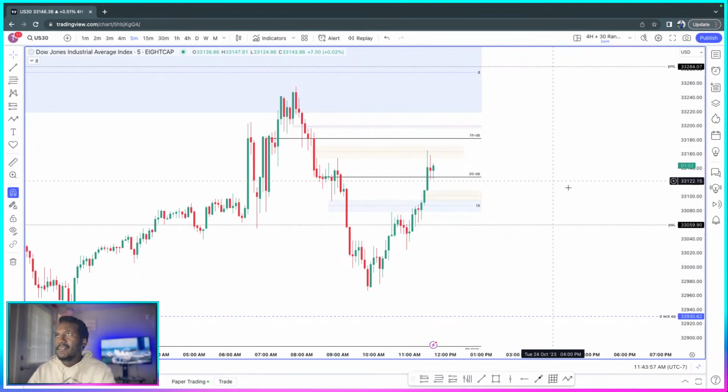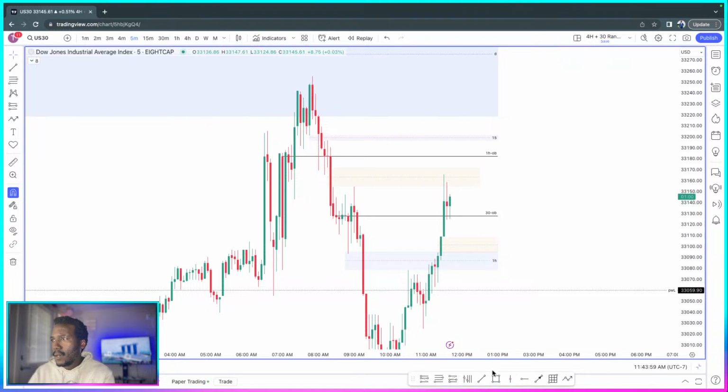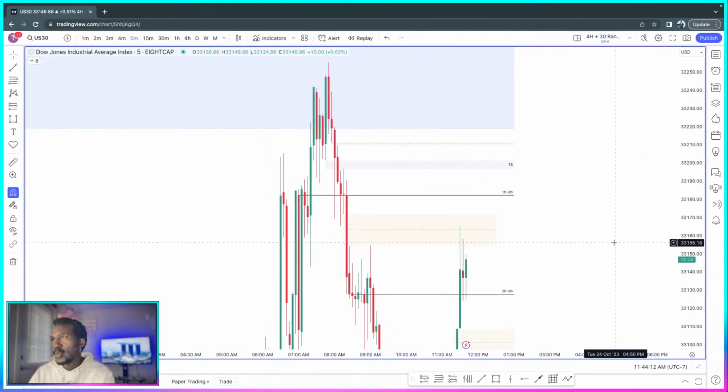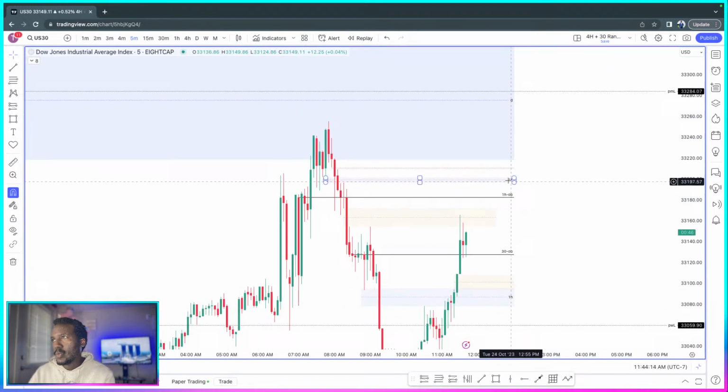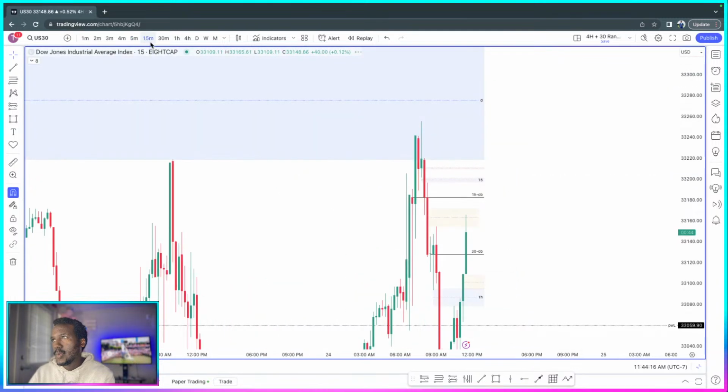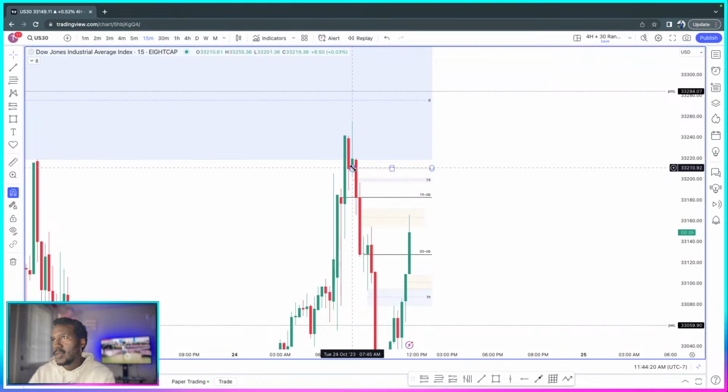Looking at this on the 5-minute time frame, we do have a small inefficiency right there where price can also come to. Now, I have reason to believe that this is also a 15-minute bearish order block.